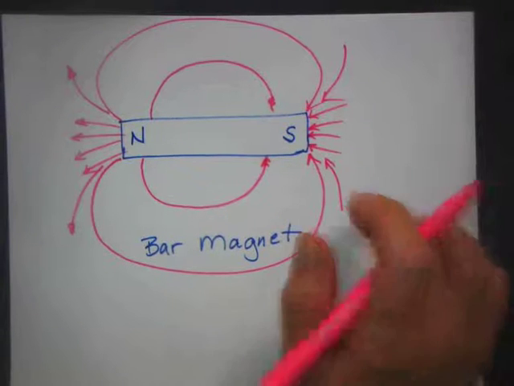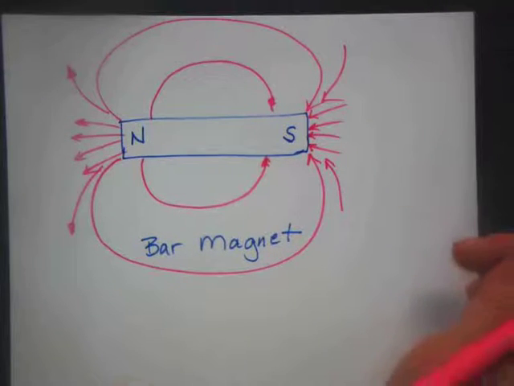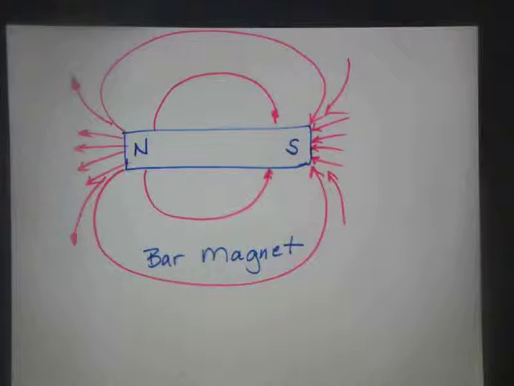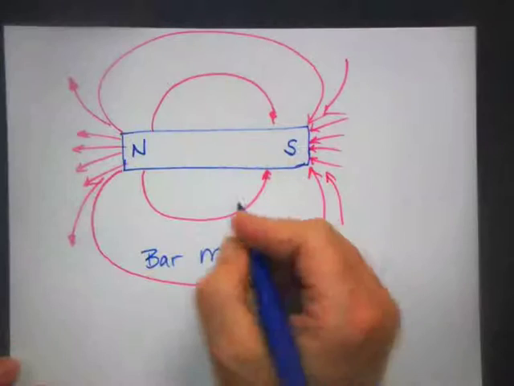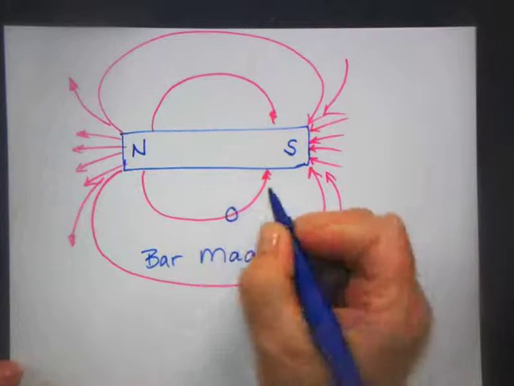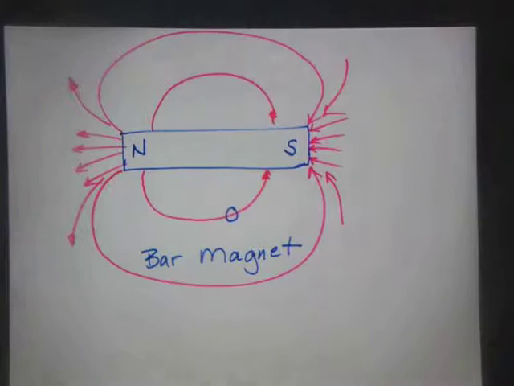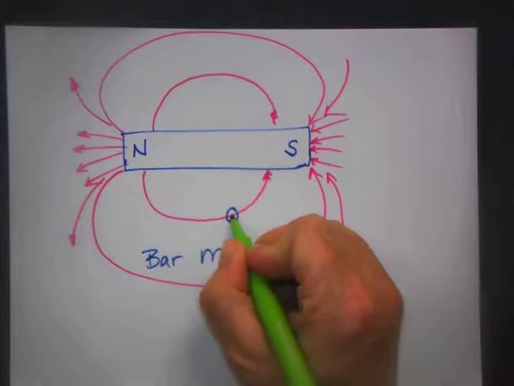Instead of using a point charge or a little test charge to test magnetic fields, what we do is we use a small magnet, sometimes referred to as a compass. And a compass is basically like a little teeny teeter-totter sitting on a pivot point, and it's allowed to freely rotate. So if I were to put a compass in this magnetic field, it would align itself tangentially with the field lines.